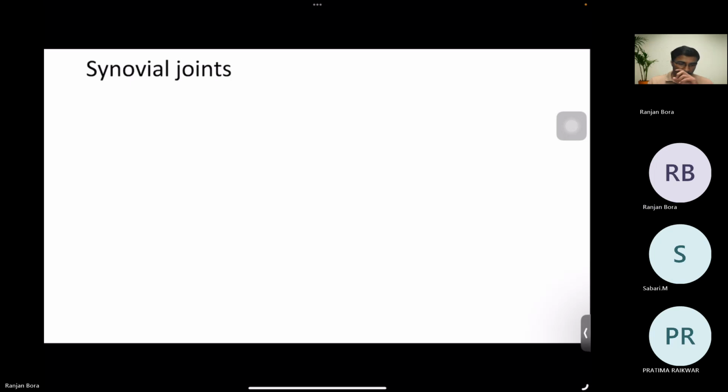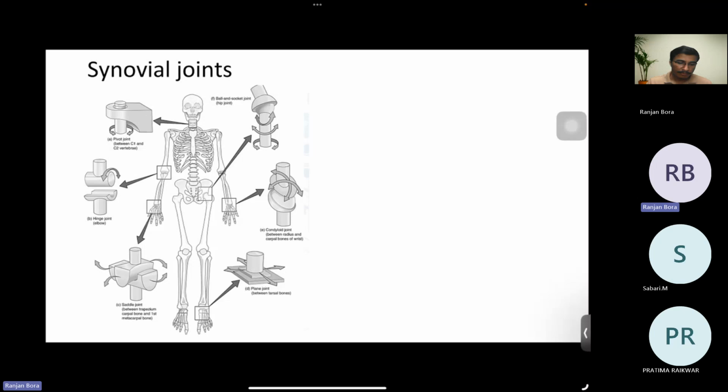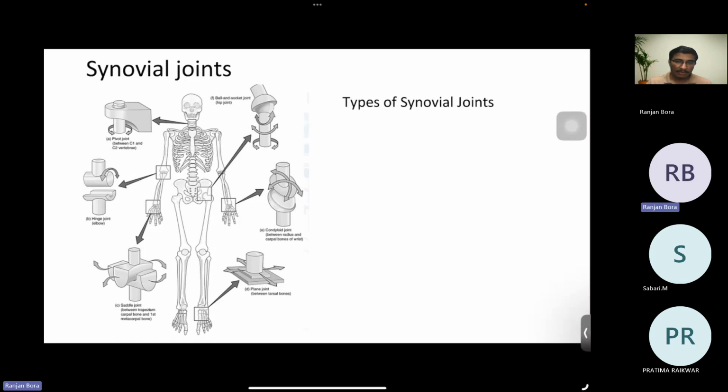So what is a synovial joint? In the human body, you can see different types of synovial joint present.